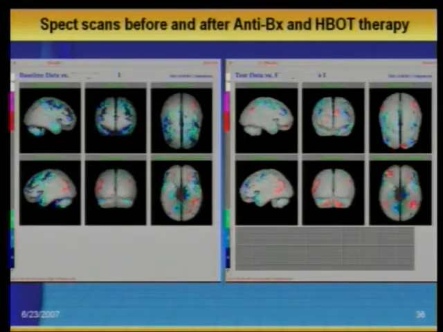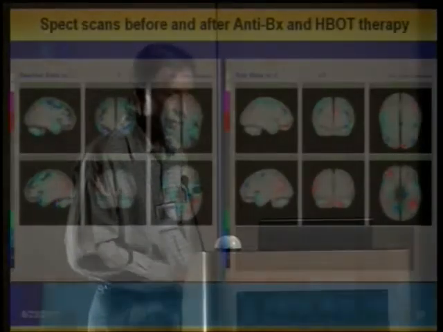She's not completely better yet, but we're making progress. There's about a 6-month time difference over here. So areas of the brain that are dysfunctional, by a combination of therapy, not just hyperbaric oxygen therapy, even with Lyme disease, you can improve your brain function. That's the message of hope here.